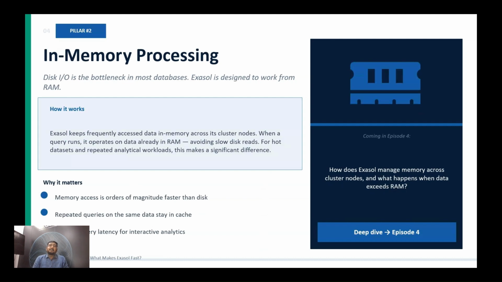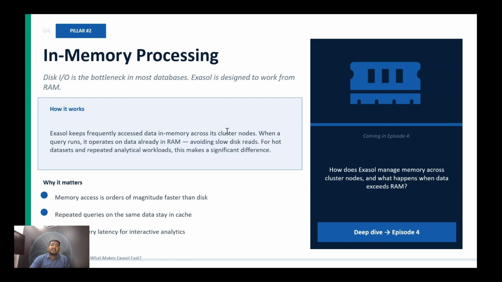Most databases decompress data when loading it from disk to memory. Exasol doesn't work that way. The data is compressed on disk, stays compressed in RAM, and the query engine works directly on the compressed representation. There is no decompression overhead. The hot data set stays in memory, and subsequent queries skip disk I/O entirely.